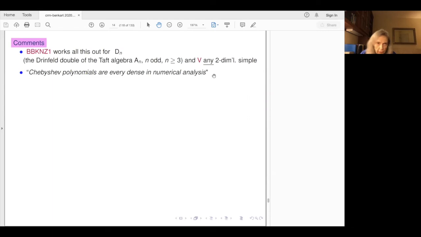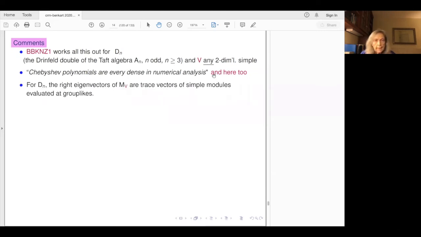It's been said that Chebyshev polynomials are everywhere dense in numerical analysis, and here too. So all these examples, especially the ones involving two-dimensional simple modules, have always had Chebyshev polynomials all over the place.